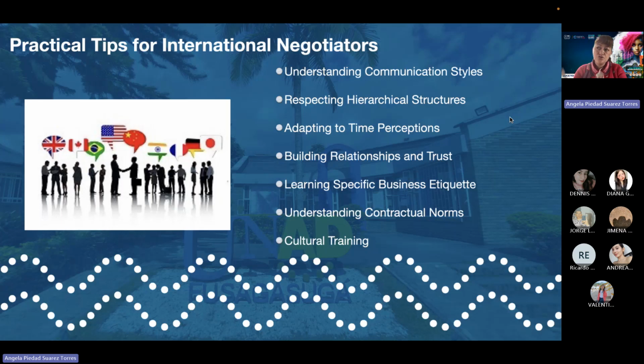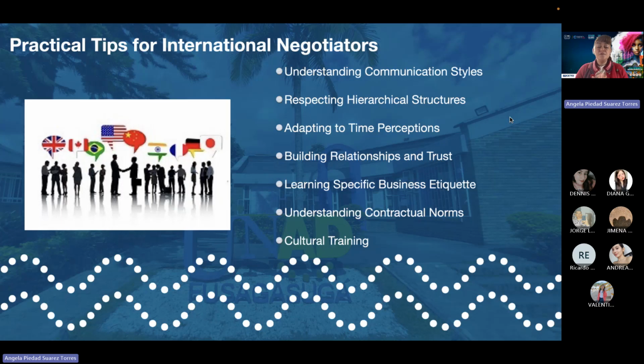Knowledge of the culture is not just the religion or the food, but many different elements: the etiquette in the business process, the contractual norms, the time perception, the hierarchy, the structures, how they communicate, how important is the way that we talk, how we manage our body, the nonverbal communication.